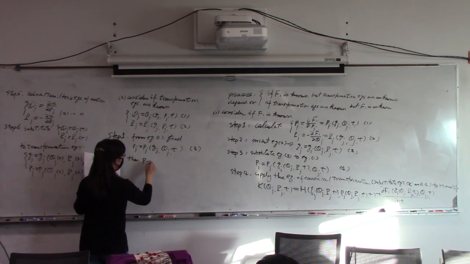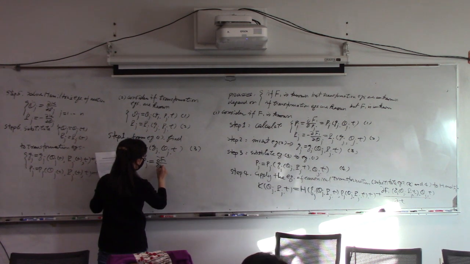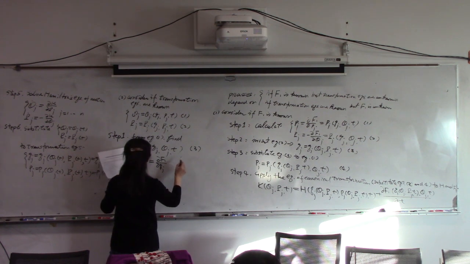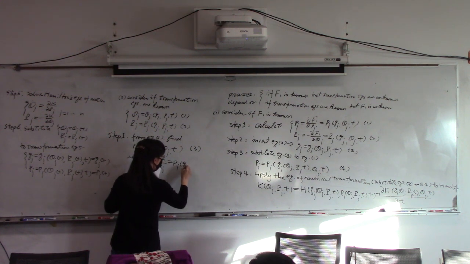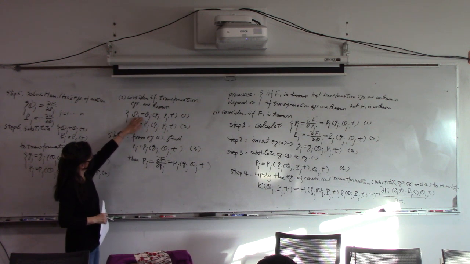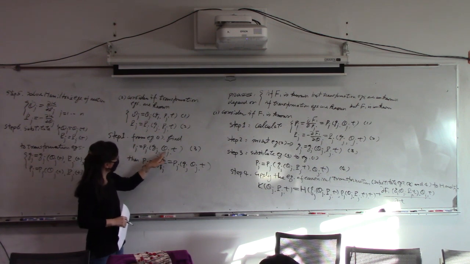then Pj is equal to partial F1 over partial Qj. This equation, okay, let me keep here. So if this exists, now from the transformation equation 1, we try to find the old Pj as a function of old Qj and new capital Qj.